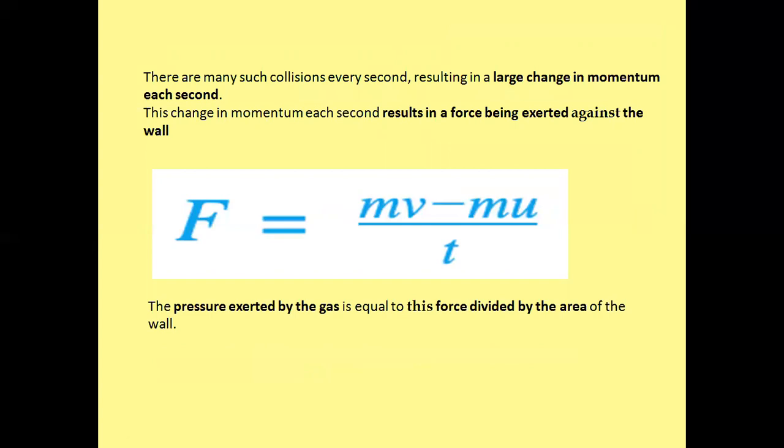There are many such collisions every second, resulting in a large change in momentum each second. This change in momentum each second results in a force being exerted against the wall, so the formula is F equals (mv minus mu) over t. The pressure exerted by the gas is equal to this force divided by the area of the wall.